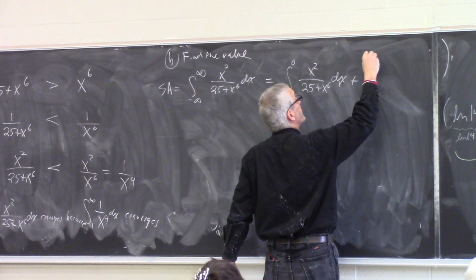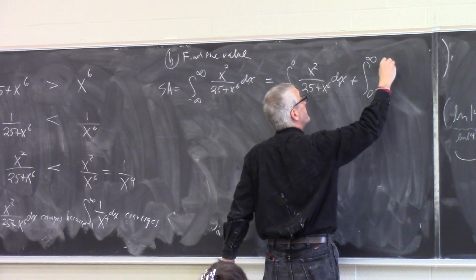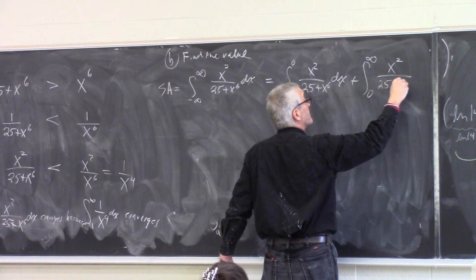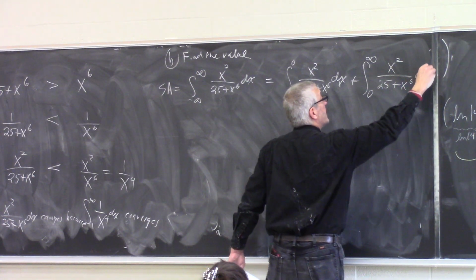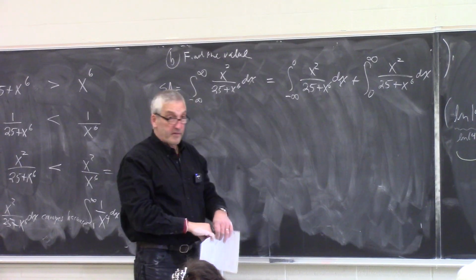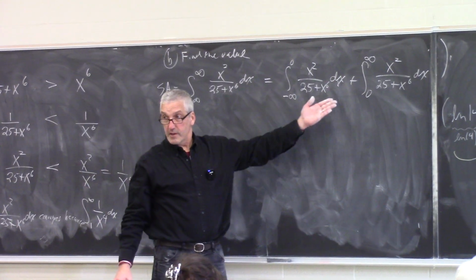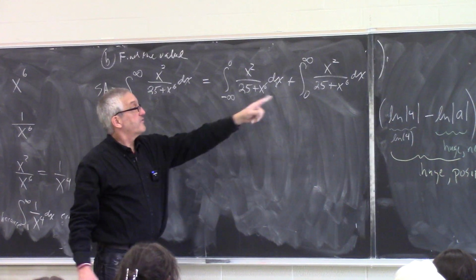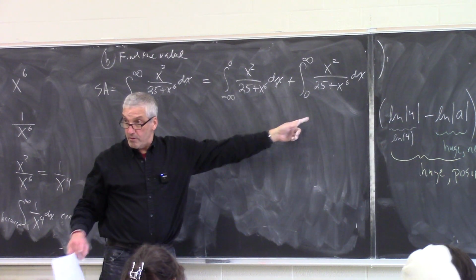Integral from negative infinity to 0 and the integral from 0 to infinity, both of x squared over 25 plus x to the sixth. And is everybody comfortable with the idea that this is an even function? The left side and the right side are mirror images of each other. So I can just do that integral and multiply it by 2.